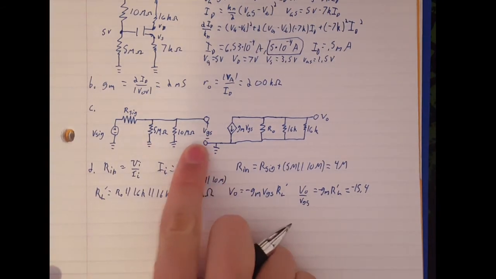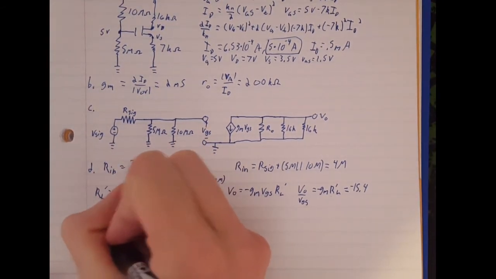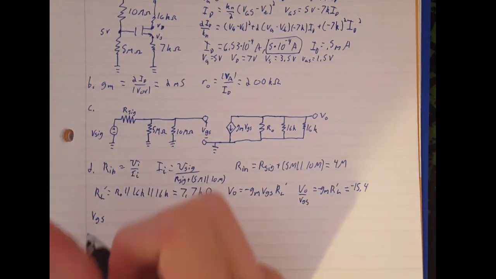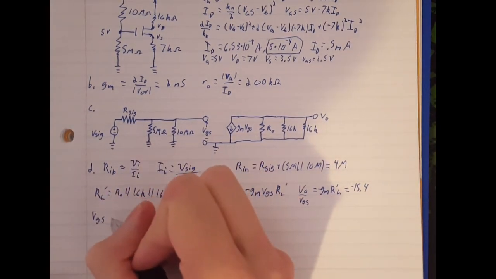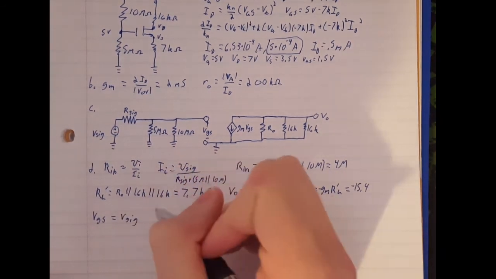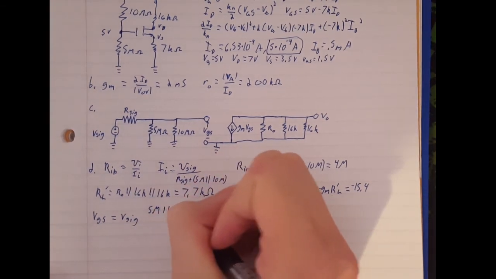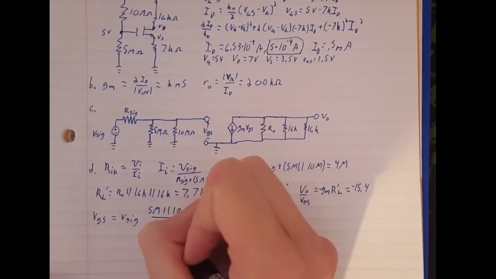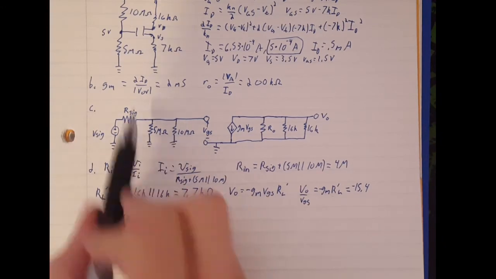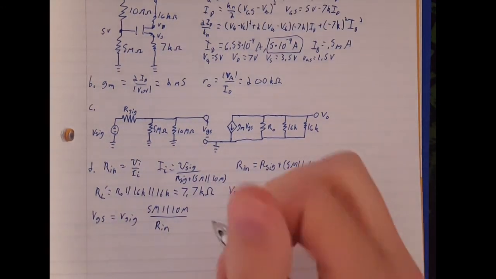Now we need to find VGS as a function of V sig. This is just a voltage divider. VGS equals V sig times 5 mega in parallel with 10 mega over Rin. Rin is just the total resistance that V sig sees.